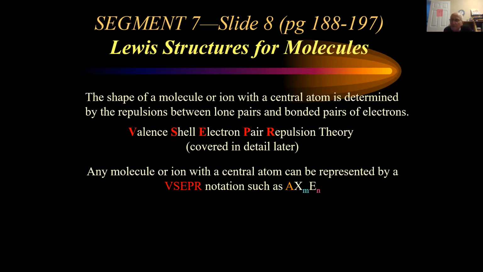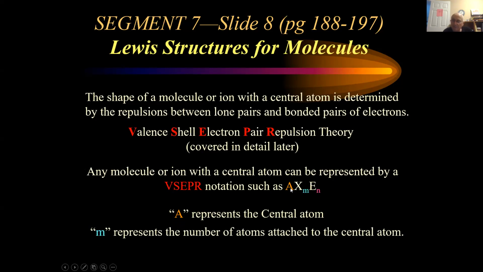For example, if I did carbonate, CO3 2-, the carbon atom has all three oxygen atoms attached to it. It's not C-O-O-O, it's one carbon with three oxygens attached, and then maybe some lone pairs to get the charge correct. So right off the bat, we need to recognize the central atom.